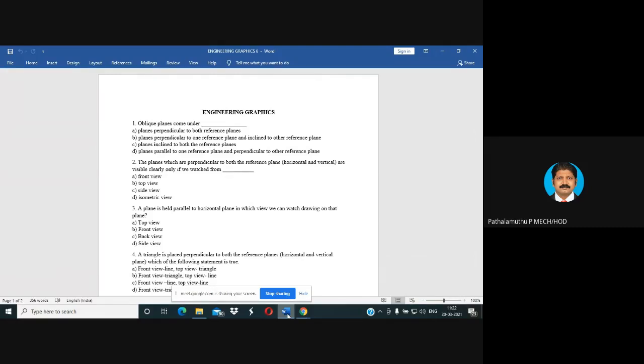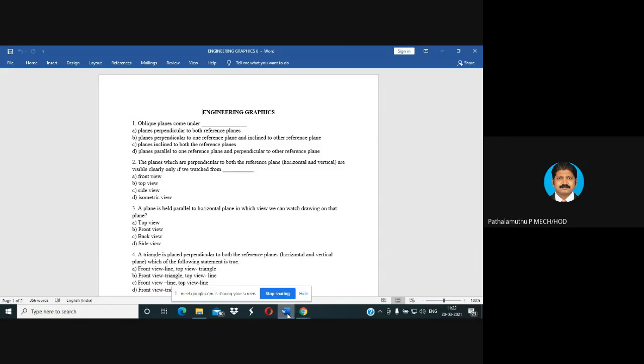Option B, planes perpendicular to one reference plane and inclined to another reference plane. Option C, planes inclined to both reference planes. Option D, planes parallel to one reference plane and perpendicular to the other reference plane. So option C is the correct answer. Planes inclined to both reference planes come under oblique planes.